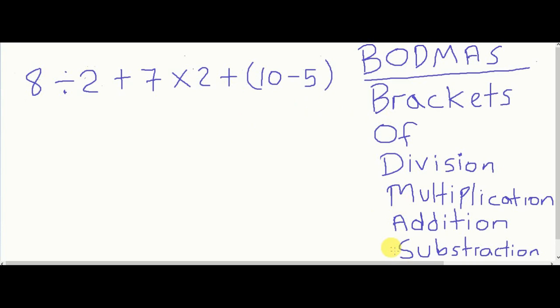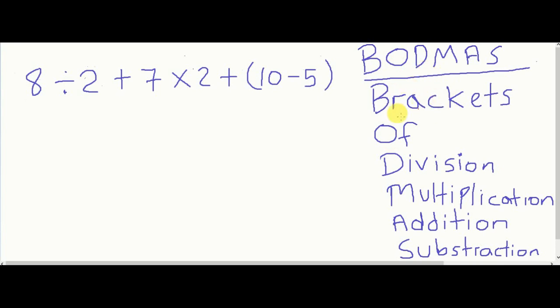Sometimes you will see persons sending questions like this on social media. So whenever you get a problem like this to answer, you can answer it by using this rule, the BODMAS rule.